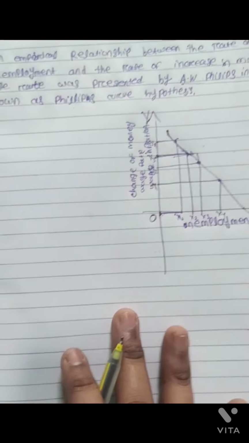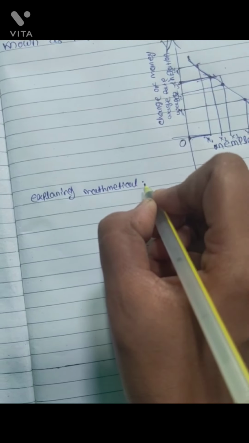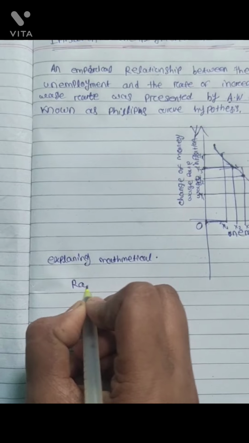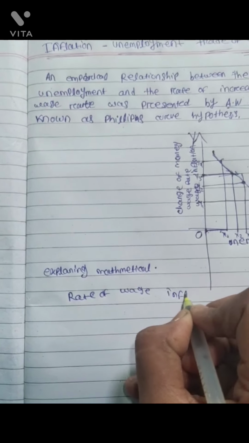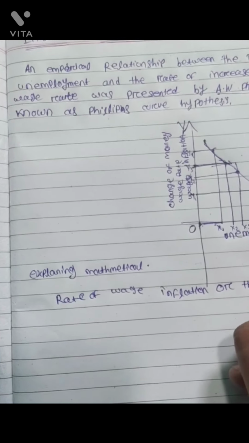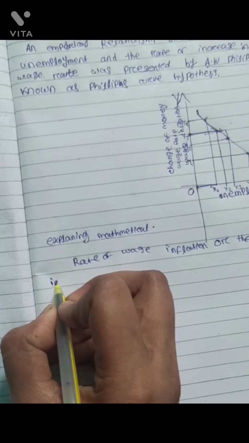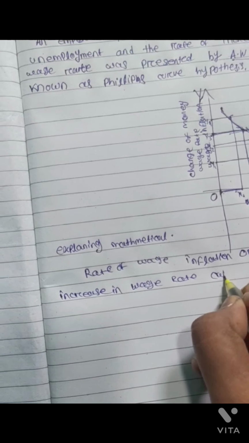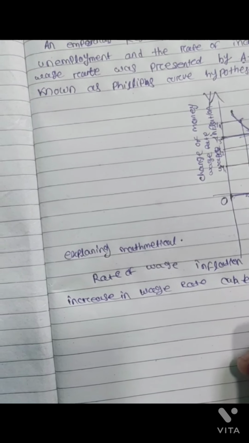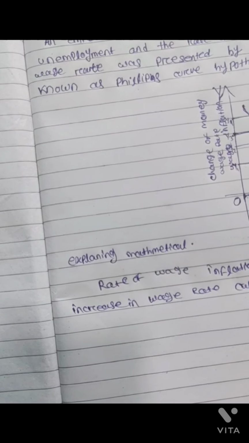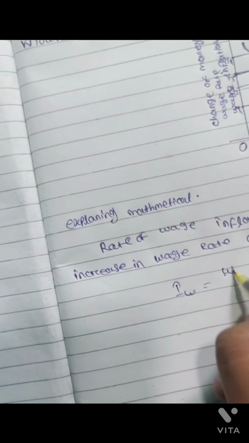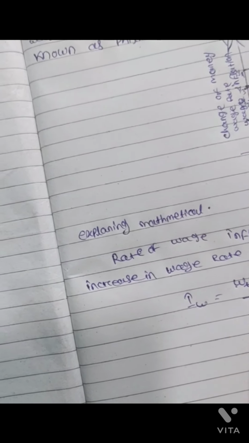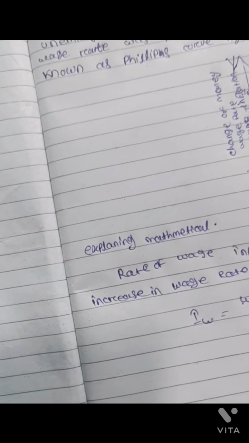Now we are explaining it mathematically. The rate of wage inflation, or the rate of increase in the wage rate, can be expressed as IW equal to (WT+1 minus WT) by WT, equation 1.